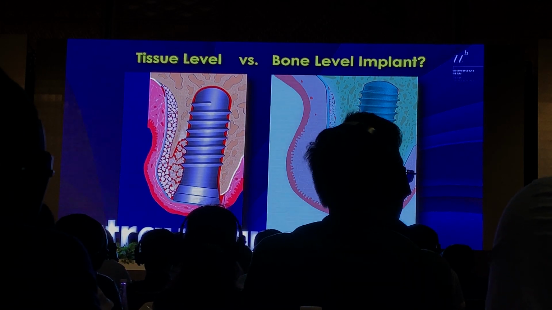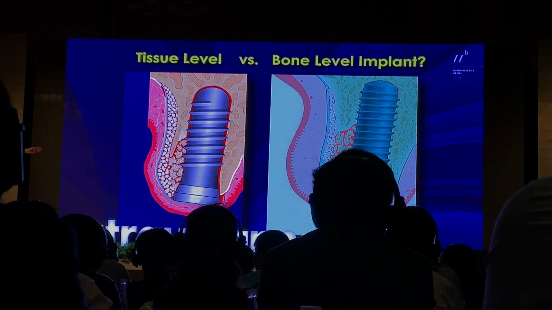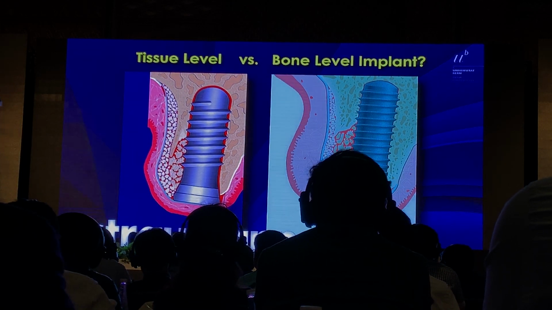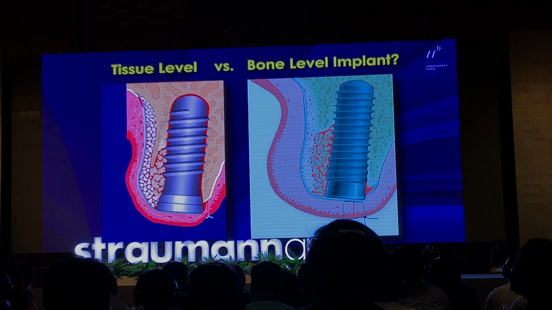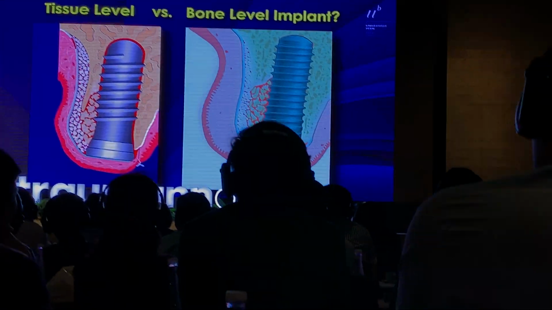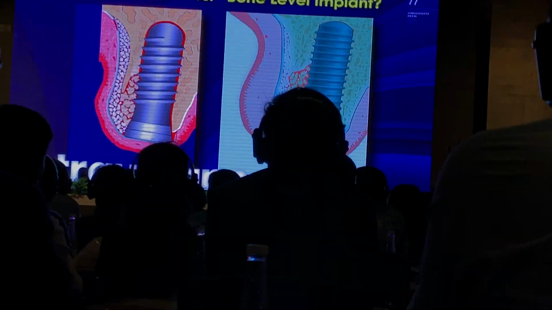Bone augmentation is done to the healing cap. When we do a bone level implant, we always convert the bone level implant into a tissue level with a healing cap of 2 millimeters. So we can also augment to the healing cap. Very important to get a peak of the bone coronal to the implant shoulder.